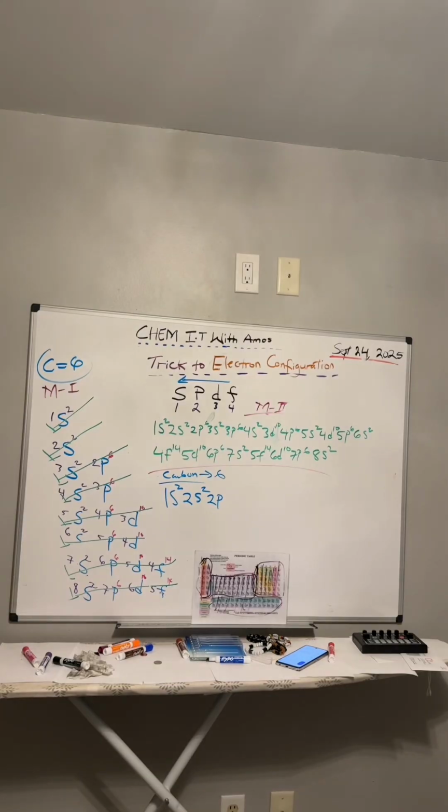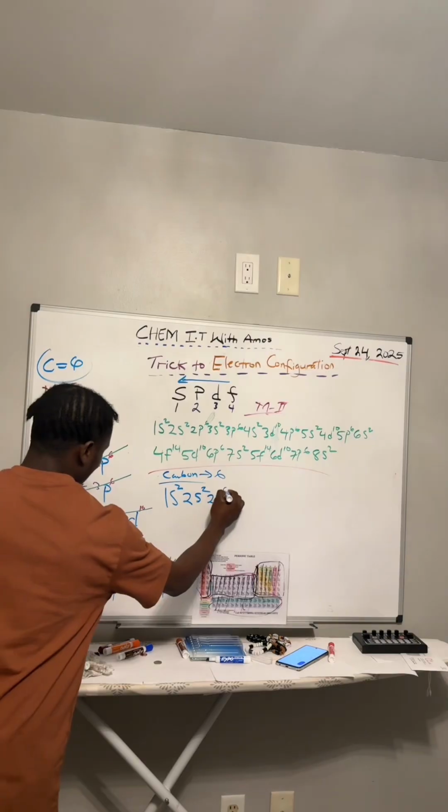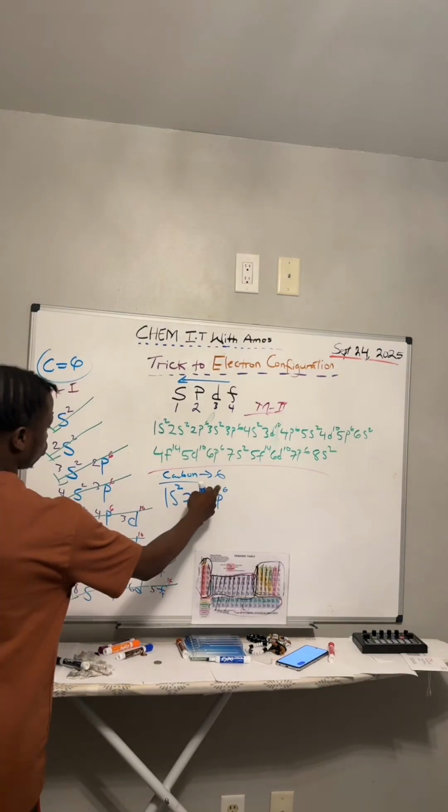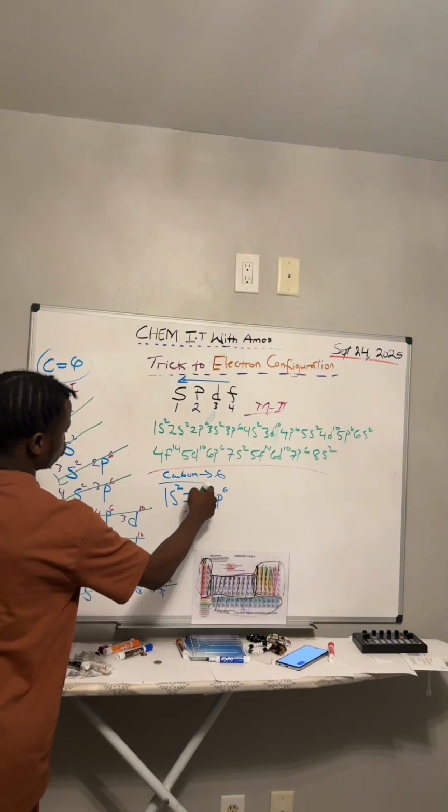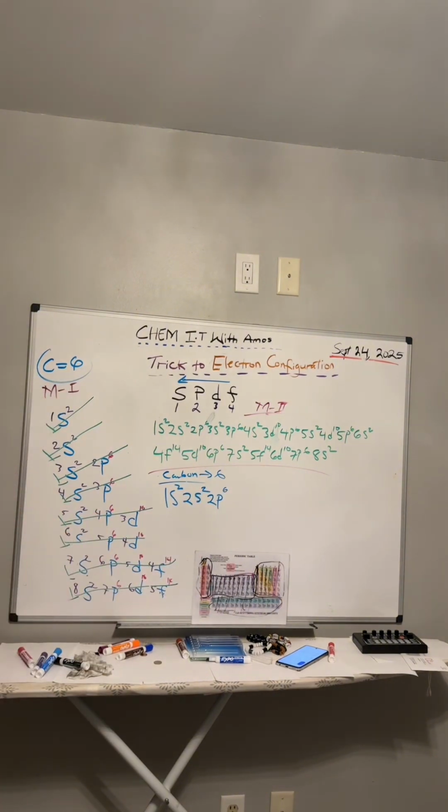Here, when you subtract, don't write the entire 6 down. If you put 6 here, it means the total is 10. You are saying 6 plus 2 plus 2 gives us 10, and that won't be carbon, it will be neon, element 10.